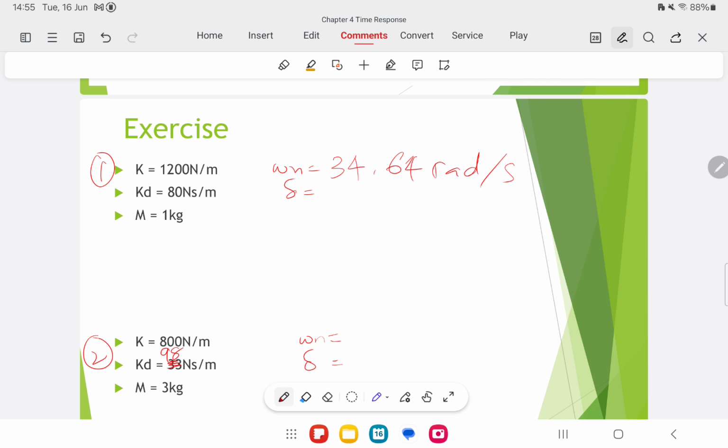Lepas tu damping 1.15. Case apa? Case over, then macam mana graf dia?